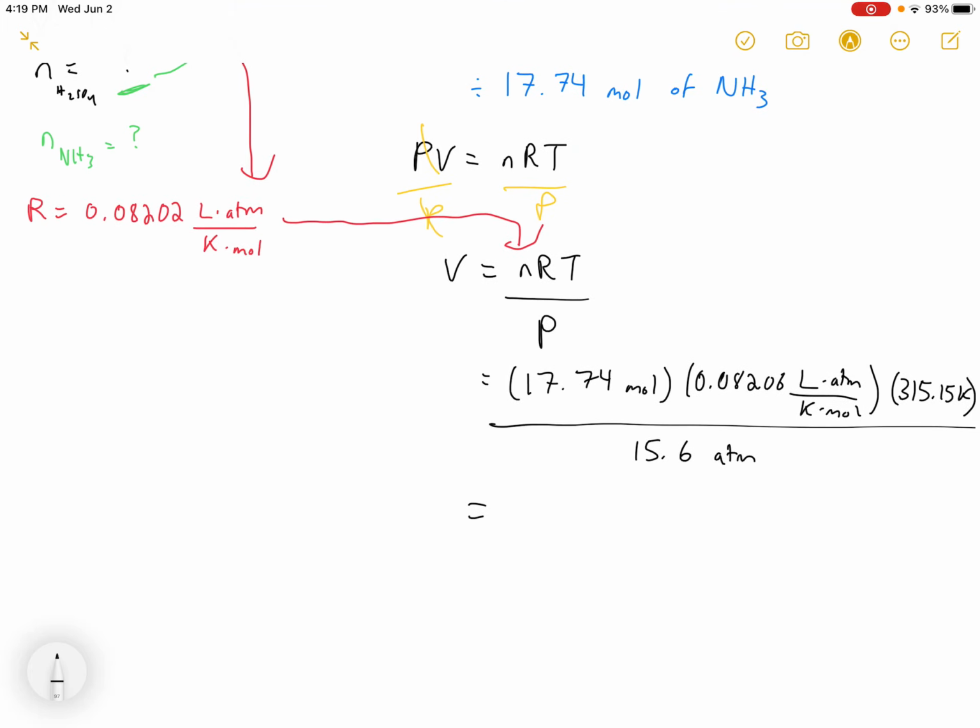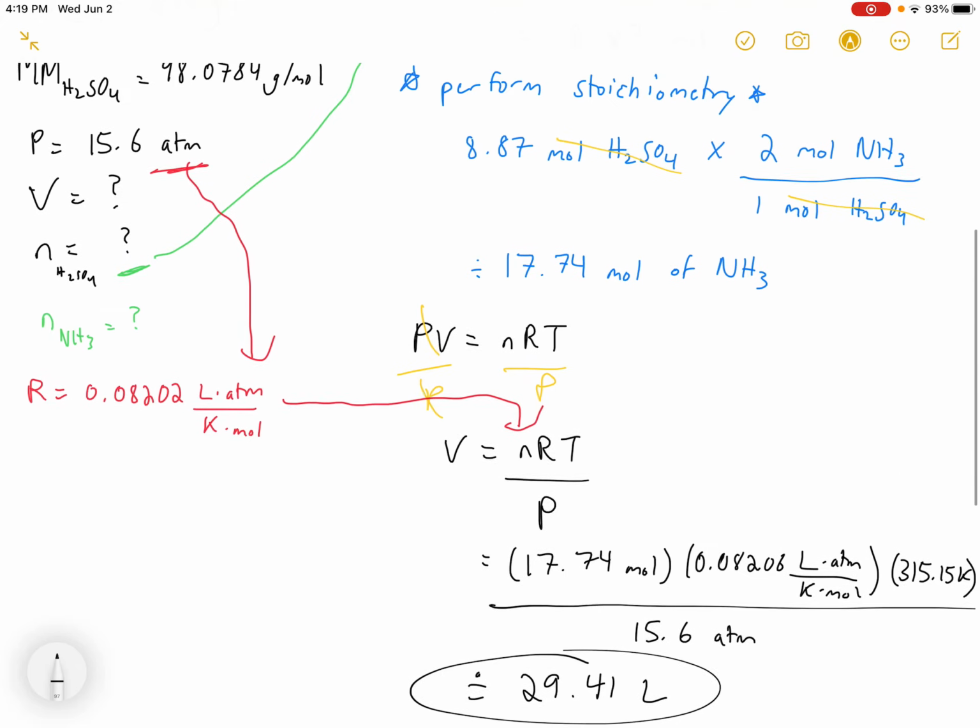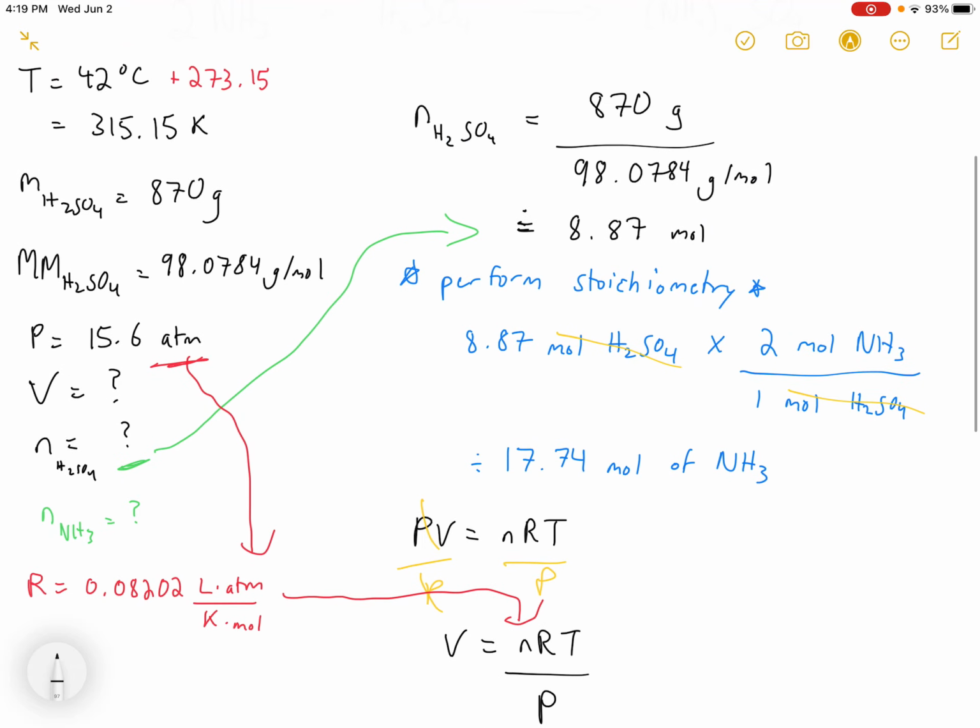And then we type that into our calculator to get a final answer. Just for the sake of speed, rather than typing it in, I know that the answer is 29.41 liters. And that's our volume of ammonia that's going to react.